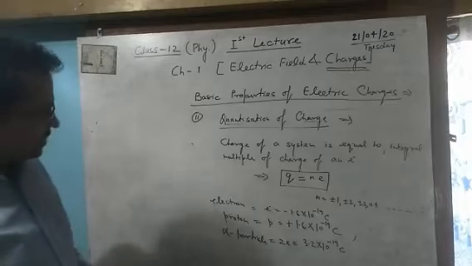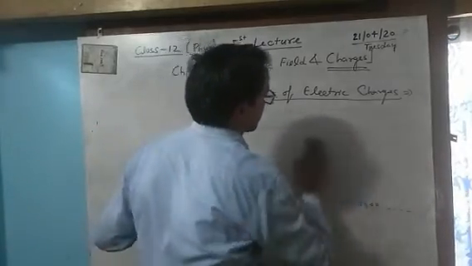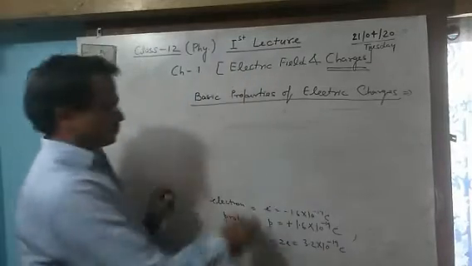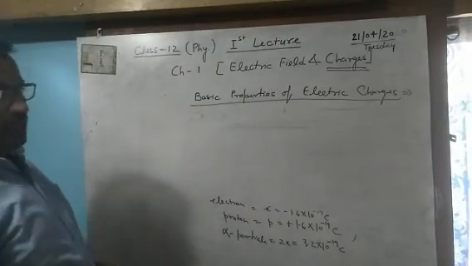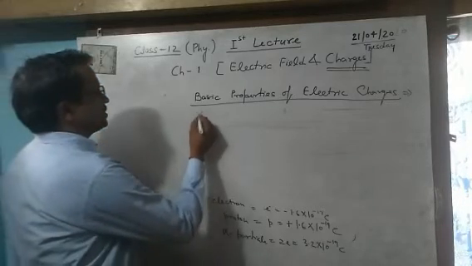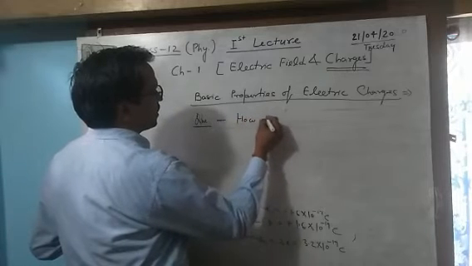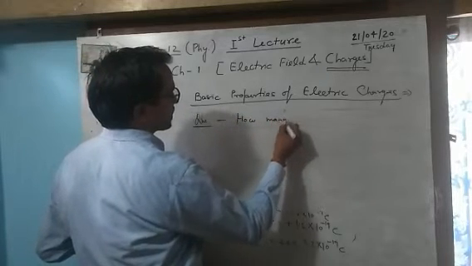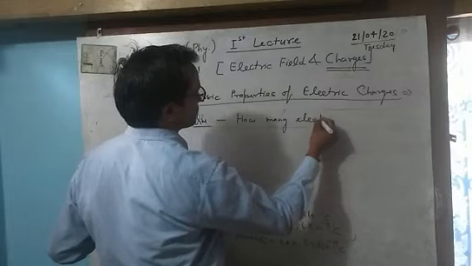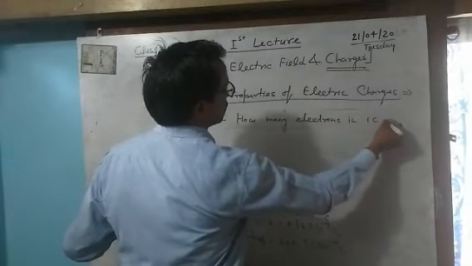एक क्वेश्चन करते हैं, how many electrons in 1 coulomb of charge?